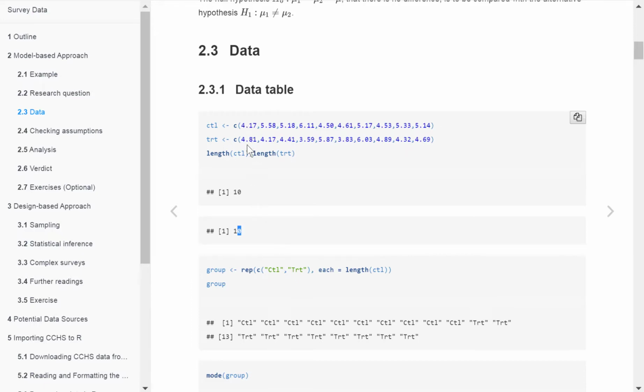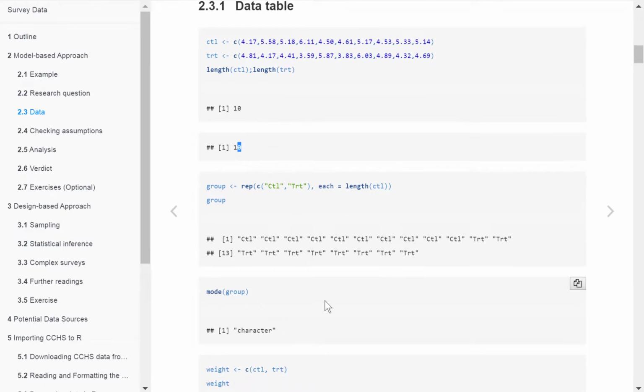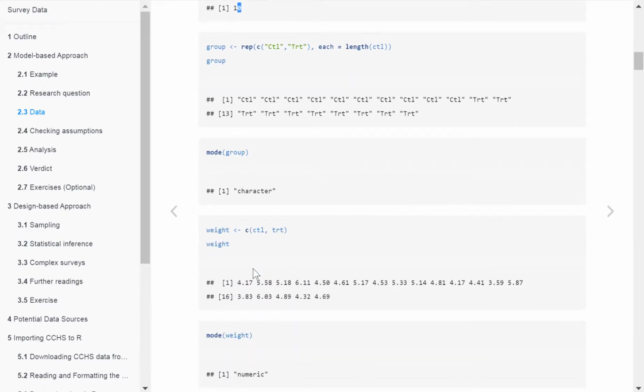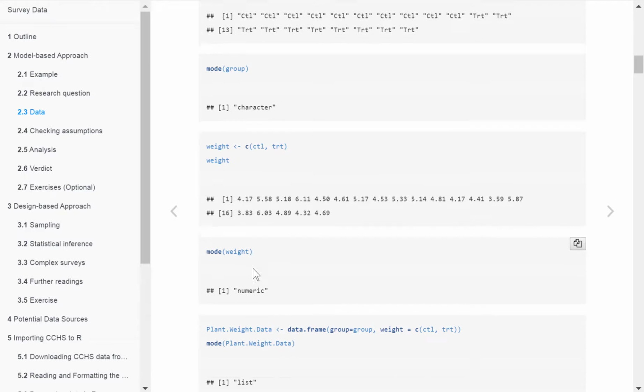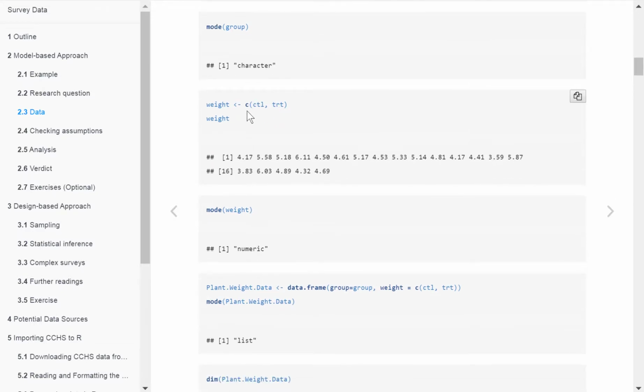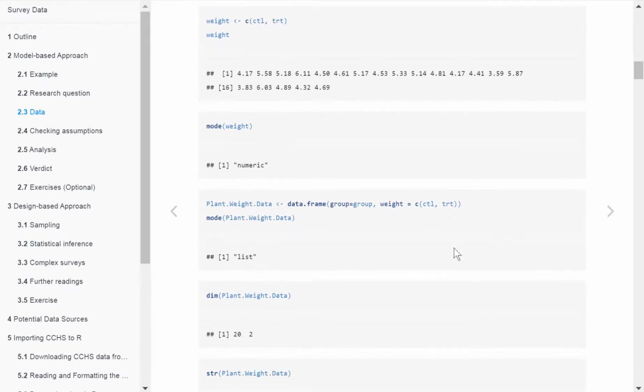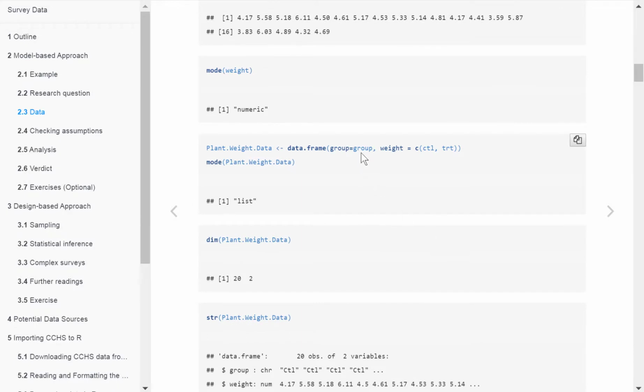For example, we are saying that these numbers are coming from the control group and these numbers are coming from the treatment group when we assign these groups. We simply aggregate all of these weights from the control group and the treatment group, and we name a variable weight, and we create an entire data frame where we include both of these weights and groups in the data set.